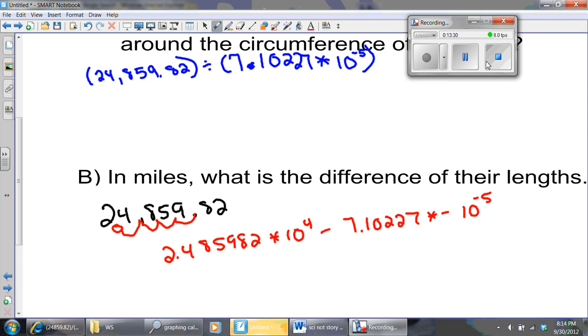I'm going to go ahead and use a calculator on this because this is going to get really ugly if I don't. So my answer will appear in just a moment. And there it is. I get 24,859.81993. And you notice this number is almost the same as this black number right here, 24,859.82.